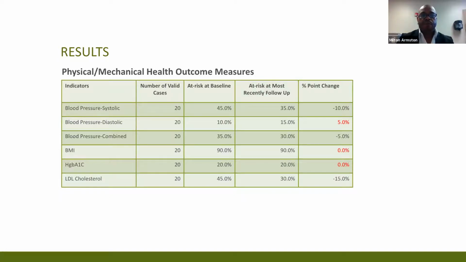However, weight and diabetes care and management require a little bit more lifestyle change. And I'll talk about it in a later slide, the thought that I think may have impacted those numbers. So next slide. But some hopeful information.